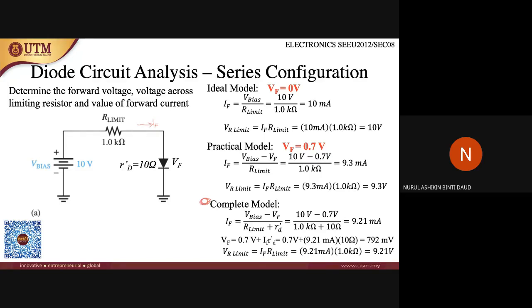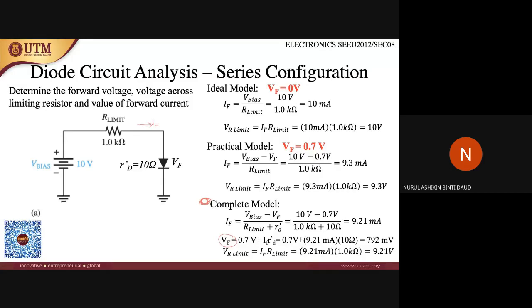Okay, so for this complete model, what you have to memorize is, if you want to find the VF, the forward voltage, the voltage across this diode, since this is the forward bias diode, you should add the barrier potential value plus the current value times the resistance inside the diode.